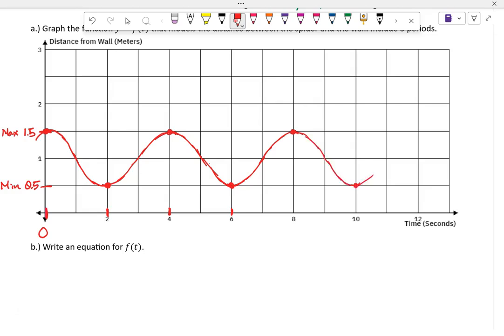Maximum again? And then it would continue from there, right? So there is our function. Write an equation for f of t. Now that I have a graph, I can pull all my information from it and write an equation. Go ahead and do so.